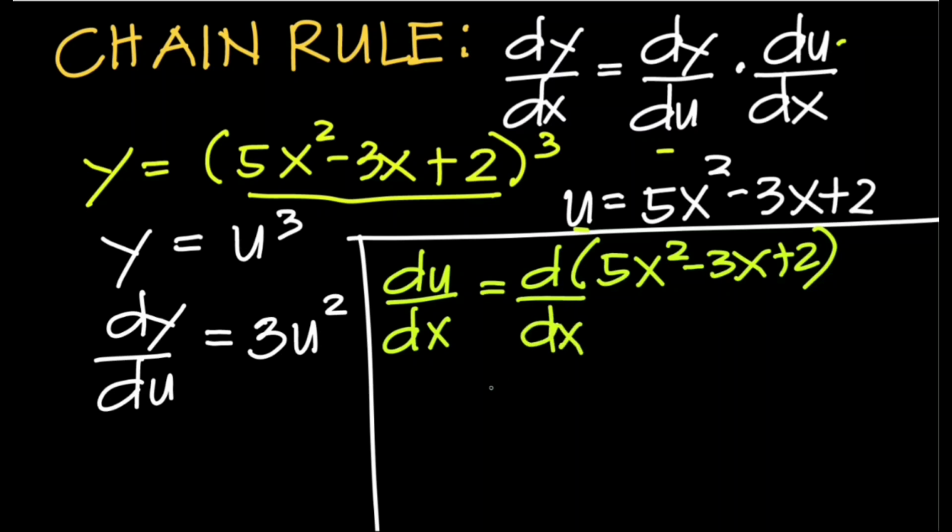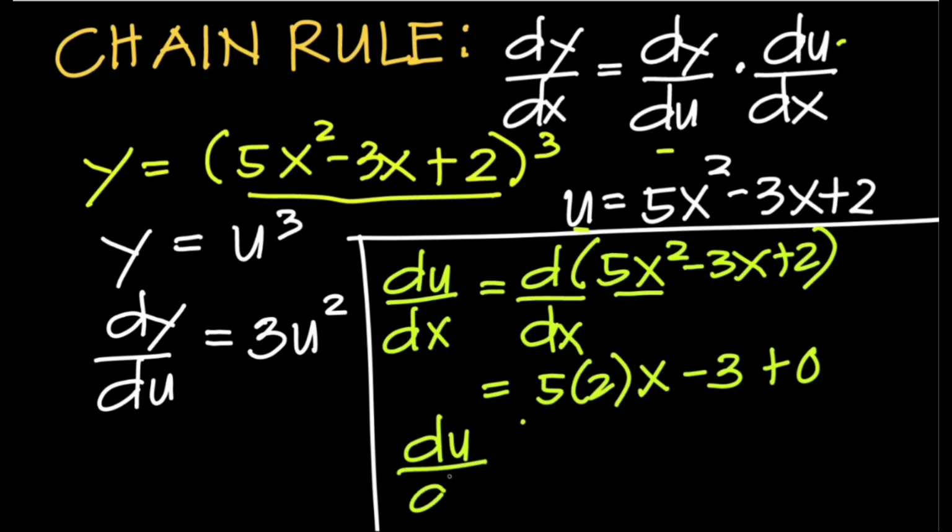Alright, so this is just the derivative of each of the terms. 5x squared, that is 5, a constant on a function, times 2 times x to the 2 minus 1, which is x to the 1, minus the derivative of 3x, which is 3, plus the derivative of 2, which is a constant, is 0. Therefore, du over dx is just equal to 10x minus 3.